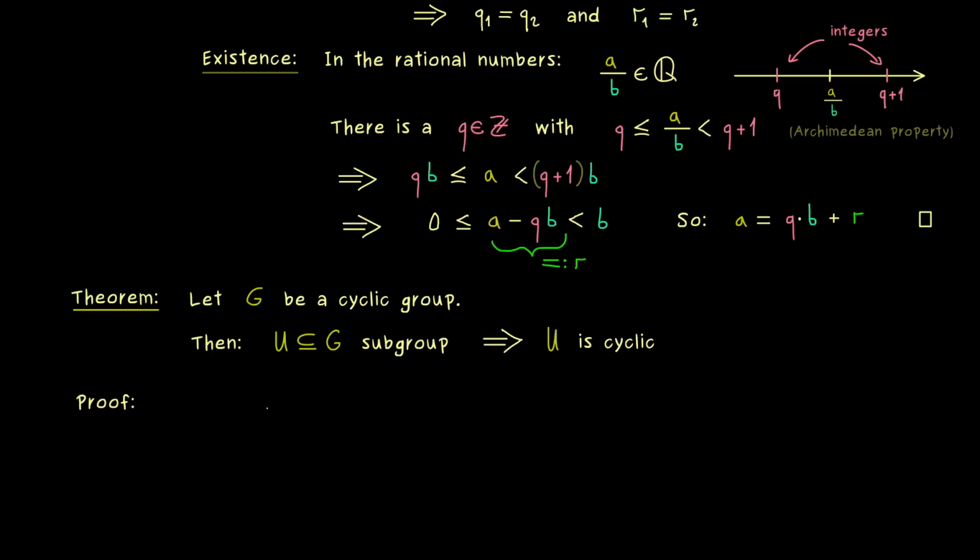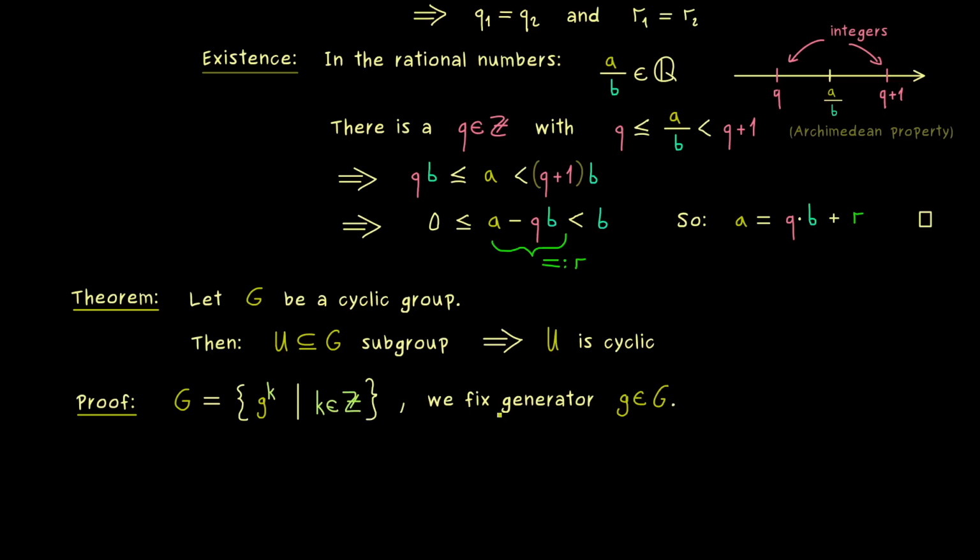And this is what we can prove now by using the division with remainder from the integers. And why that is, you might already see, because G can be written as the powers of one element. And these powers k just go through all integers in Z. And here please note, for the rest of the proof, we fix our generator g.